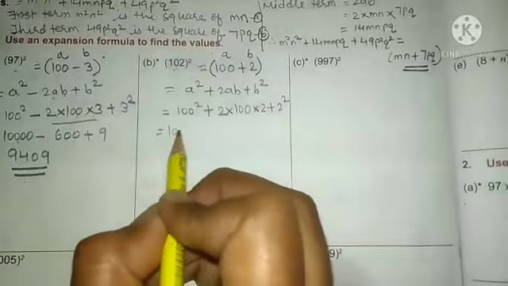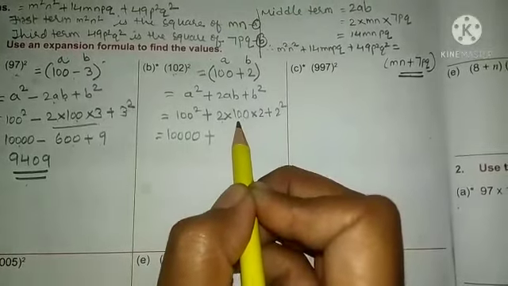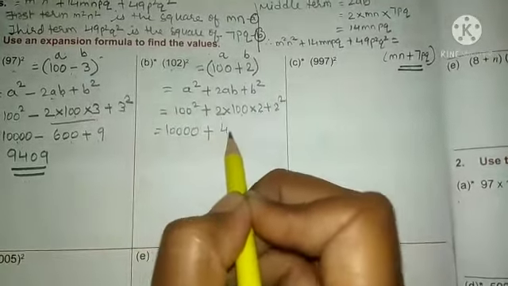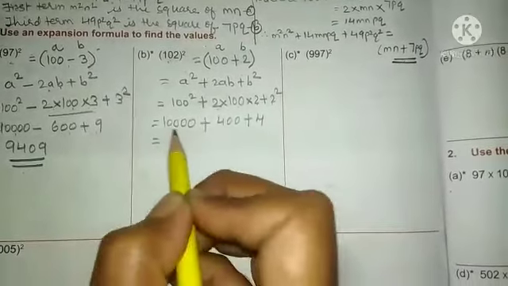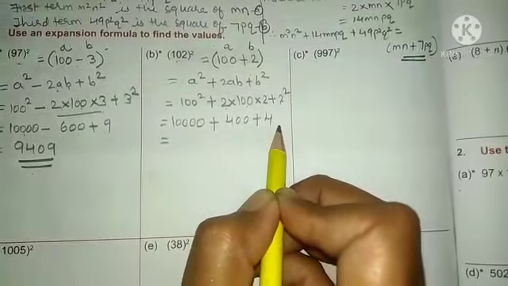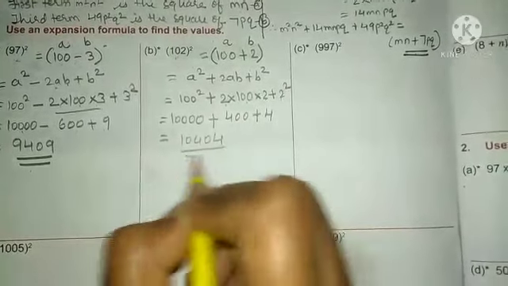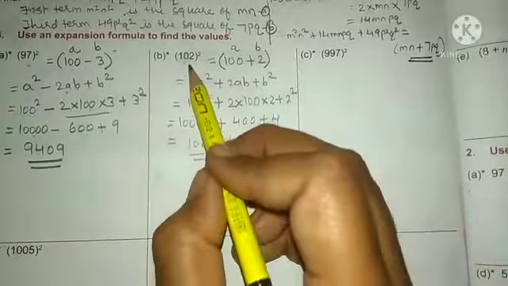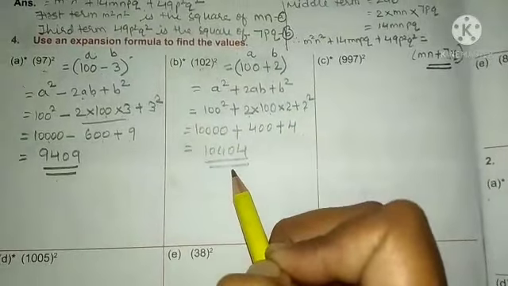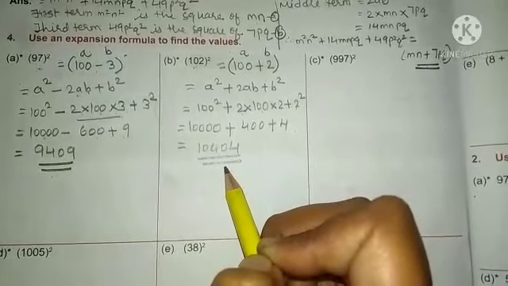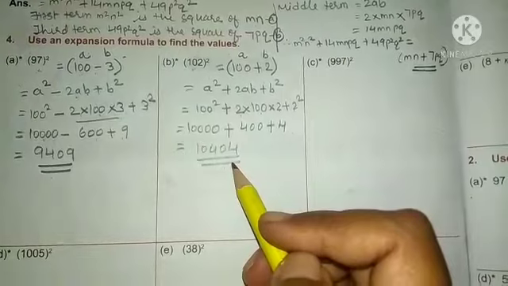So 100 into 100 you will get 10,000 plus 2 multiply by 100 is 200. 200 multiply by 2 is 400 plus 2 2s are, you will get 4. Now you have to add all this number. So what you will get? You will get 10,404. Understood? So what is the value of 102 square? That is 10,404.